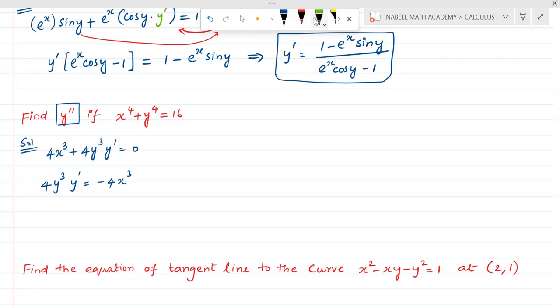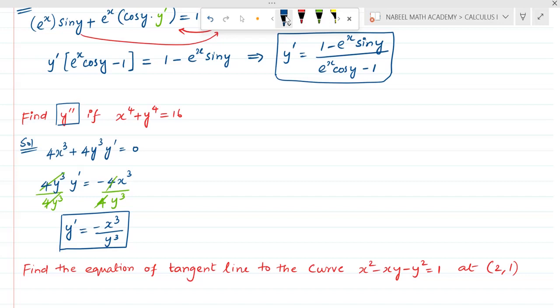Now divide both sides by 4y power 3. The 4 cancels with the 4, the whole term gets cancelled. So you will get y prime equal to minus x power 3 over y power 3. So this is my y prime.